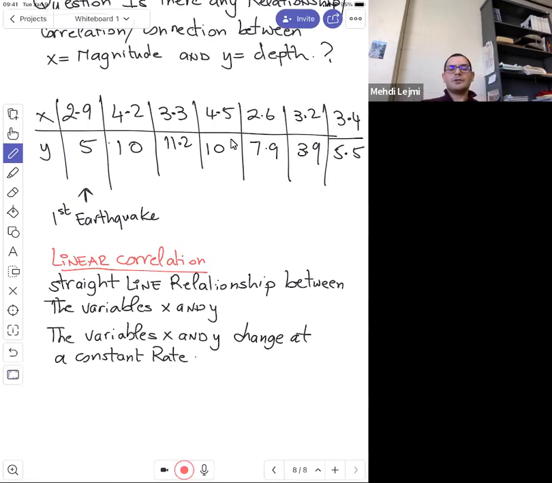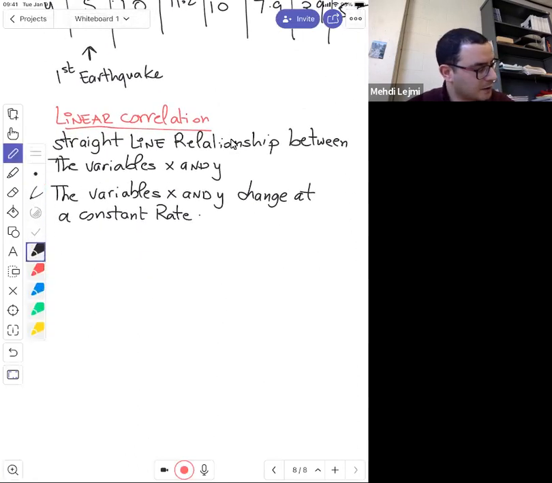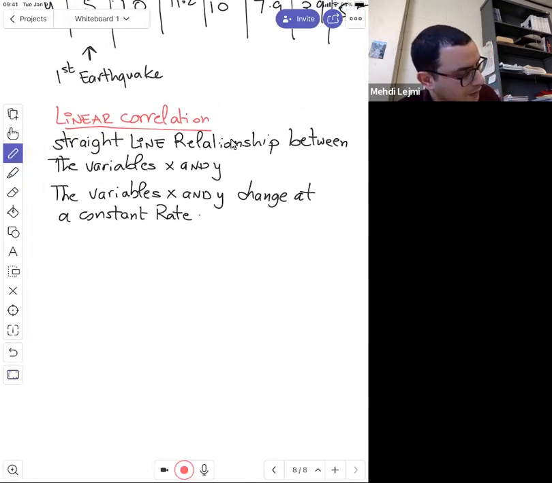Right. So we discussed last week how to represent the data using the scatter diagram.